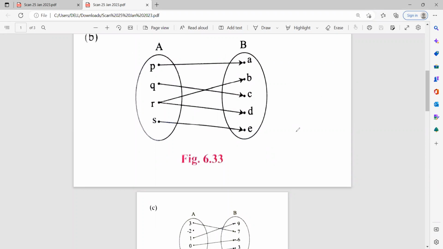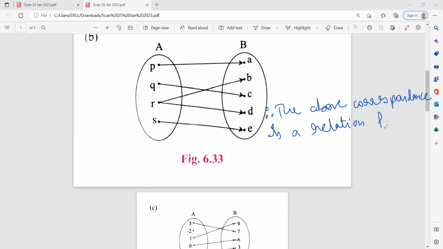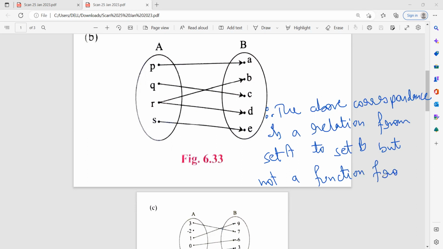The final answer will be: the above correspondence is a relation from set A to set B, but not a function from set A to set B. This you will write.